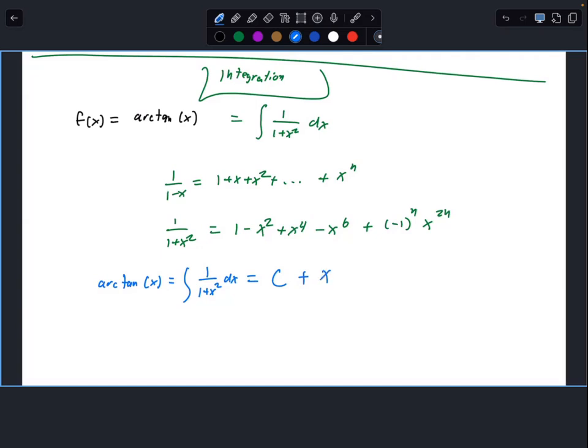So I get x minus x cubed over 3 plus x to the fifth over 5 plus dot, dot, dot, plus negative 1 to the n over 2n plus 1 times x to the 2n plus 1.